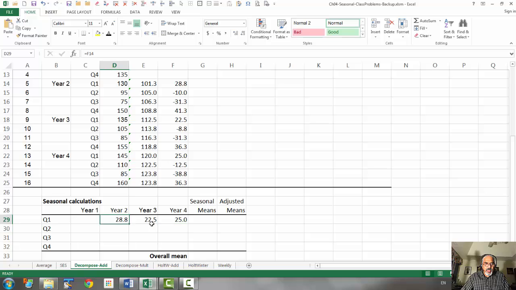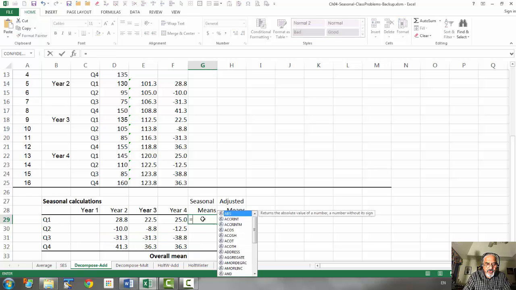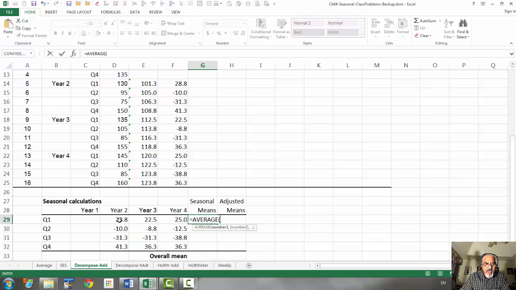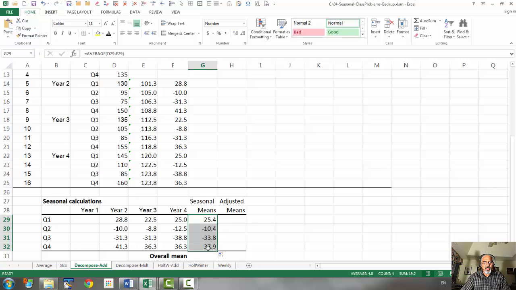Okay. Now if we copy these, then we have each of the years arranged by quarter 1, 2, 3, and 4. So quarter 1 seasonal effects from year 2, 3, and 4, quarter 2 seasonal effects, quarter 3 seasonal effects. If we average them, that gives you the average additive seasonal effect for quarter 1, the average additive seasonal effect for quarter 2, quarter 3, and quarter 4.